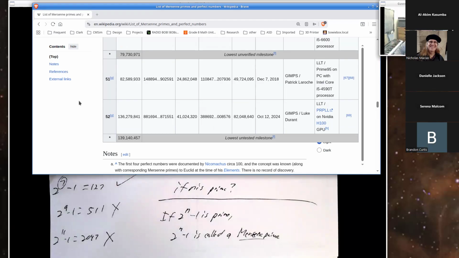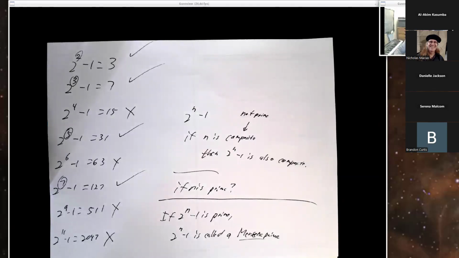So this is an interesting journey from ancient Greeks doing this by hand to very smart mathematicians like Euler doing very clever things, and now we're just kind of brute forcing on random PCs that people just want to contribute to the cause. So anyway, that's the deal with Mersenne primes.